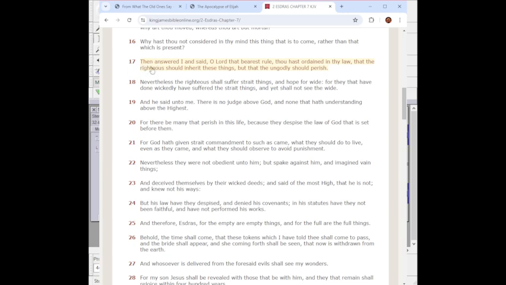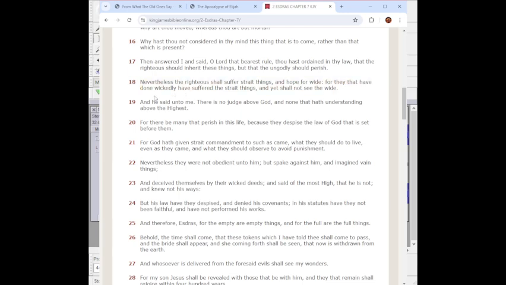Alright, so then Ezra is saying, O Lord that beareth rule, thou hast ordained in thy law that the righteous should inherit these things, but that the ungodly should perish. Nevertheless, the righteous shall suffer straight things, and hope for wide, for they have done wickedly.